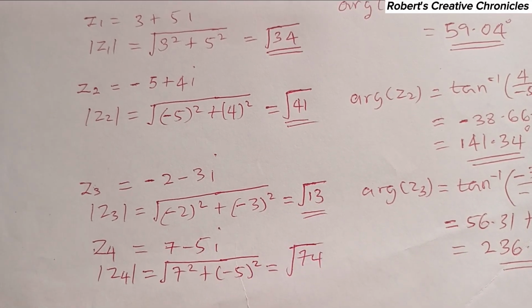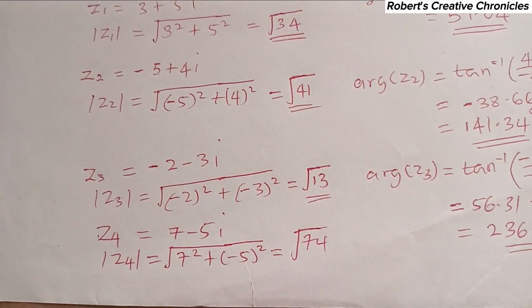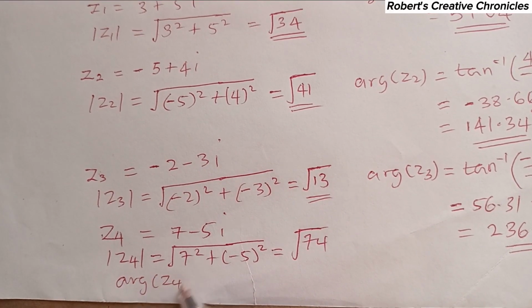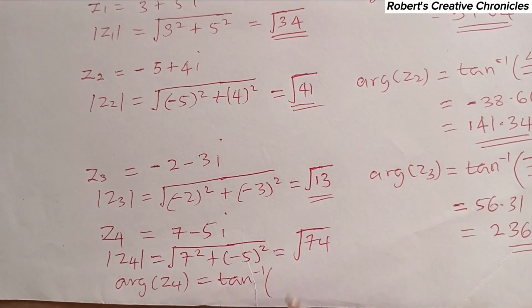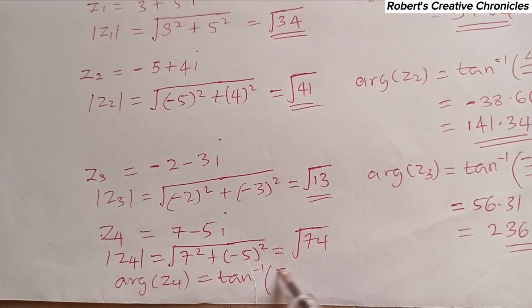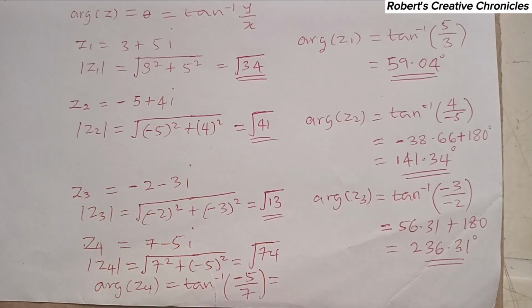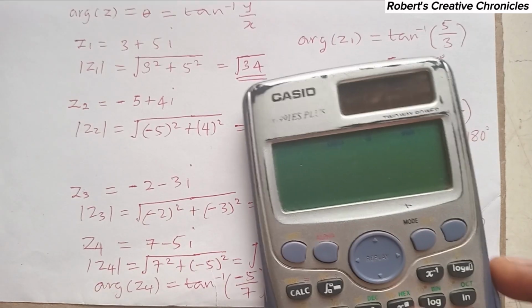Then the argument of Z4 will be equal to tan inverse of negative 5 over 7.